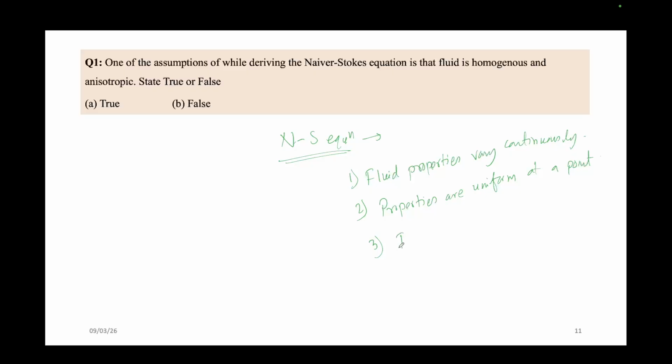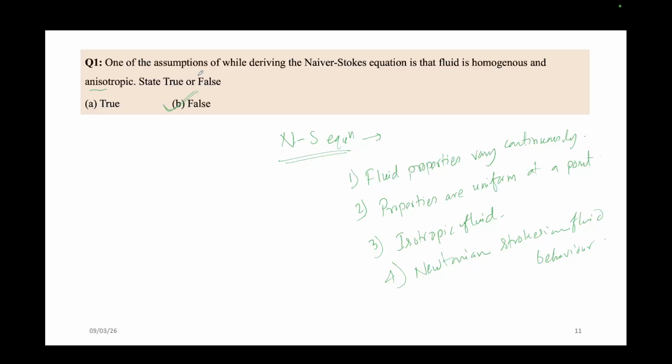Next, it should be an isotropic fluid, and what type of fluid should it be, Newtonian or non-Newtonian? Newtonian, Stokesian fluid behavior. So what will be your answer? These are the assumptions. Because it should not be anisotropic, it should be isotropic, that's why the correct option is option B.